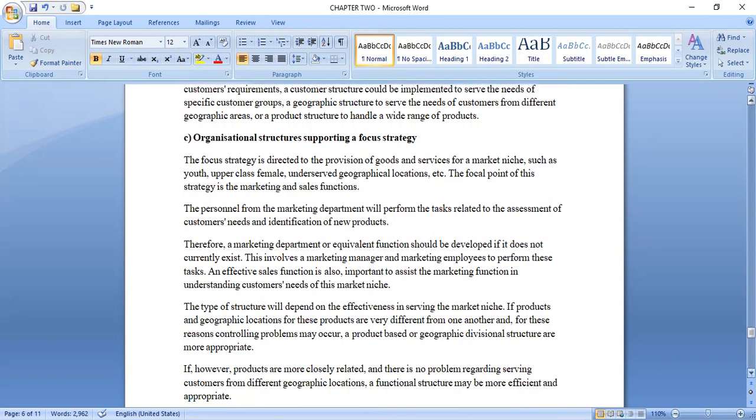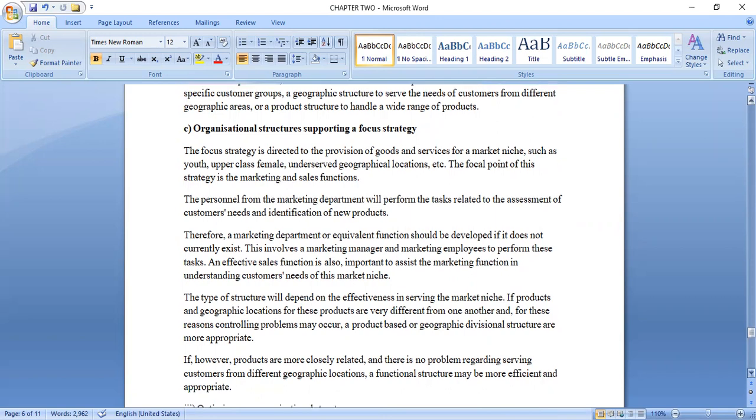Then we have those organizations that have a growth strategy of what we call supporting a focus strategy. Basically here, it is a marketing strategy whereby these businesses will be aiming at provision of goods and services in line with the market niche, for example, providing these goods and services to the youths, to the females, the upper class females, to different geographical locations.